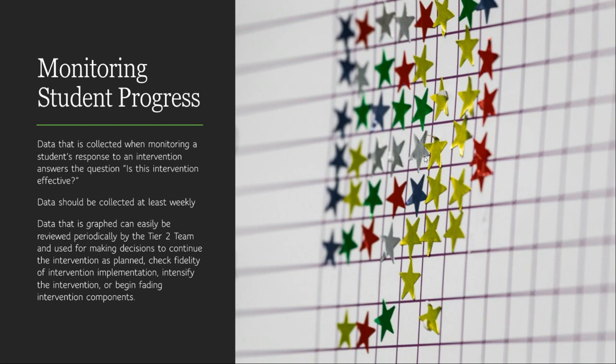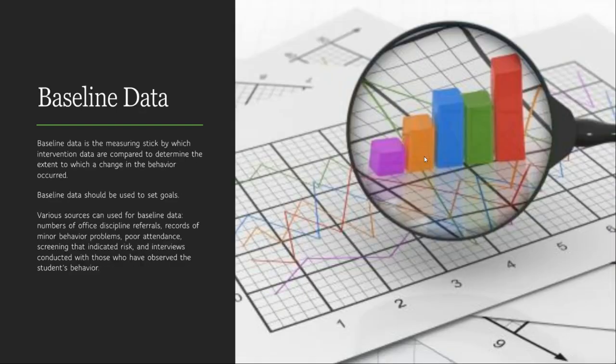That data, when graphed, can easily be reviewed by the tier 2 team and used for making decisions to continue the intervention as planned, to check fidelity of the intervention implementation, to determine if the intervention needs to be intensified, or whether the team can begin fading those intervention components. So it's very important that the team puts in place a process for monitoring the student's response to that intervention.